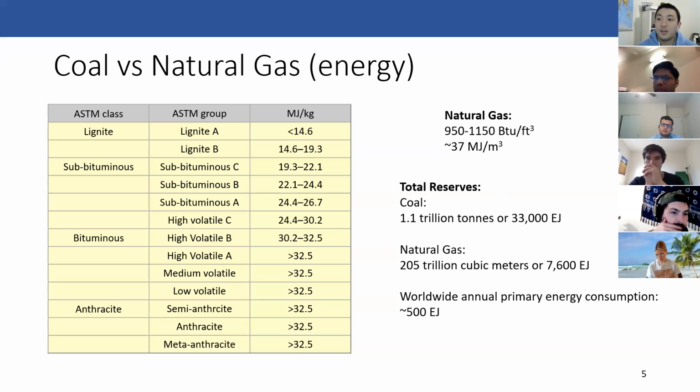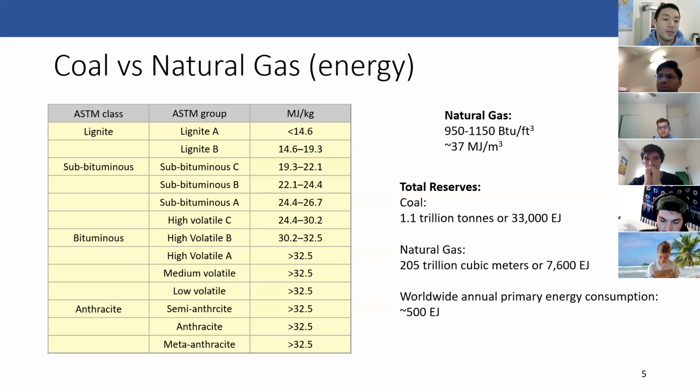Total reserves. So reserves refer to the total amount that's available for us to mine and extract. Reserves themselves can be a complex subject, and in fact, reserves can change as more information is and newer technologies are discovered.